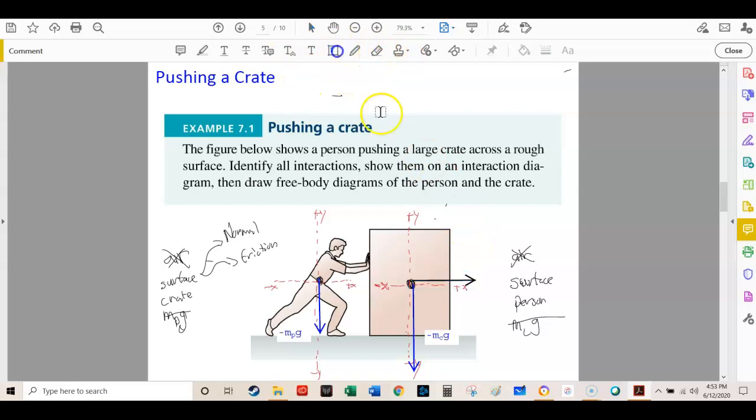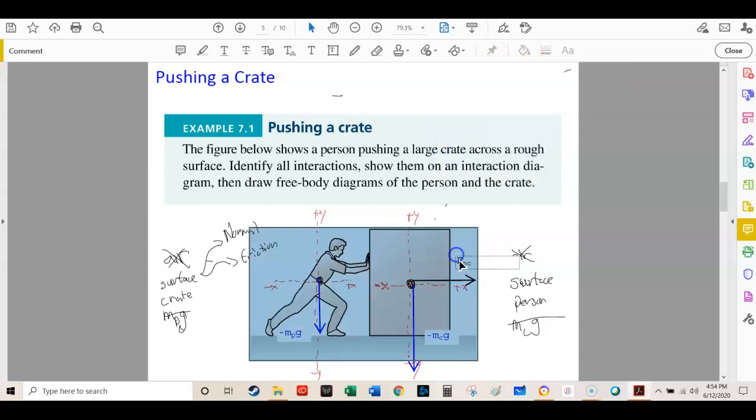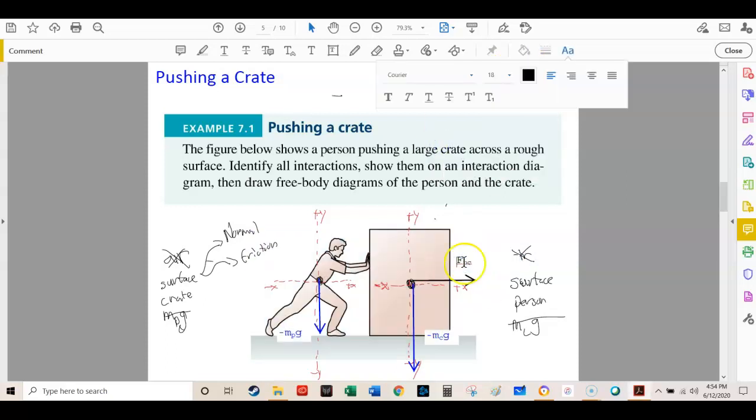So this will be the force of the person on the crate, and I'm going to subscript that, make that black, and put a plus there. A lot of professors don't put directions on their free body diagrams. I do. Since you've defined your coordinate system, you might as well attach a plus and a minus to your force vectors. Okay.